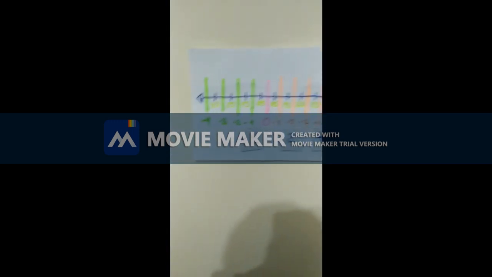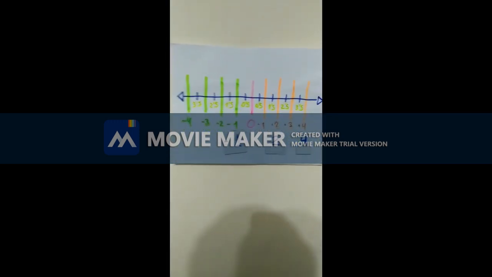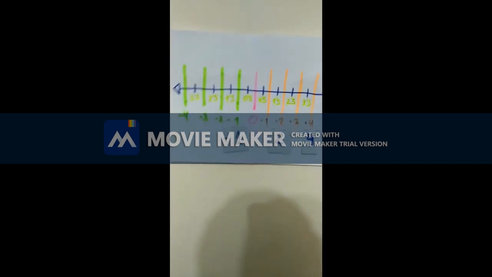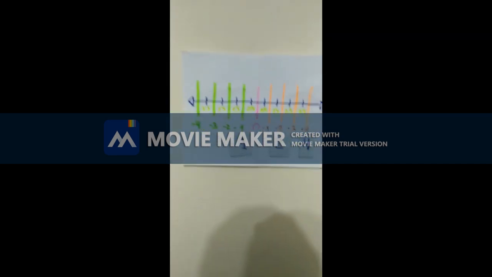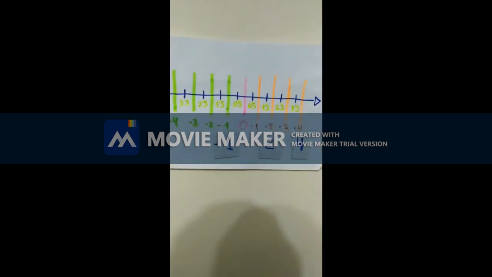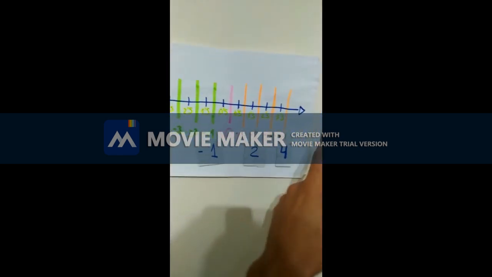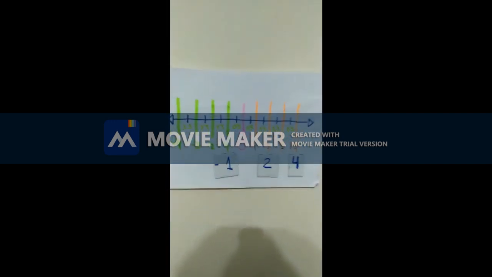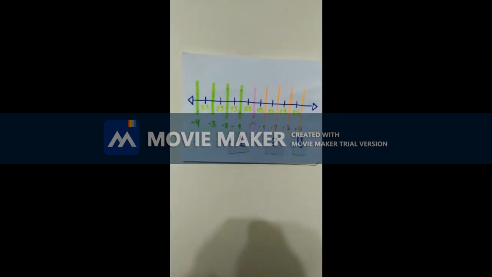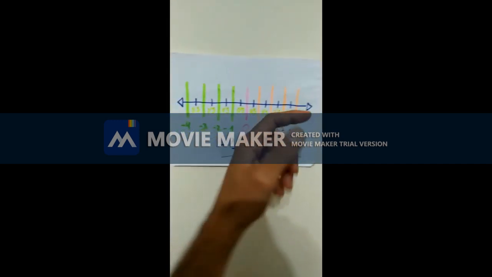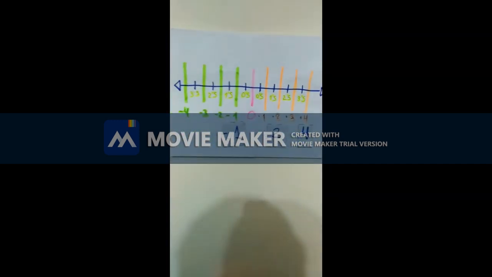All right, guys, now I'm going to tell you just the last thing, just to remember what we learned in this video. So this in the blue is the number line, and as you can see, it has two arrows, that arrow and that arrow, and it never ends, as the numbers never end.